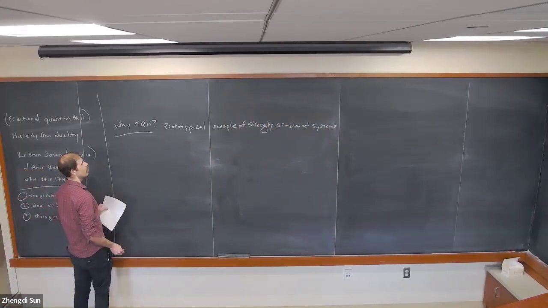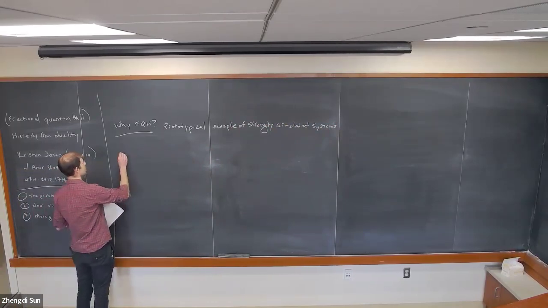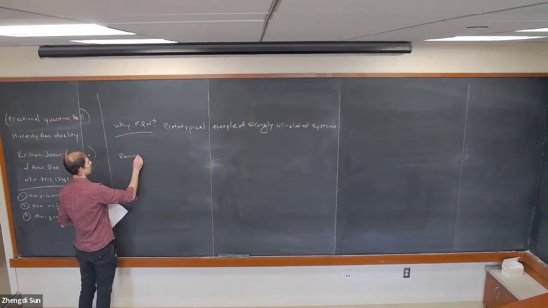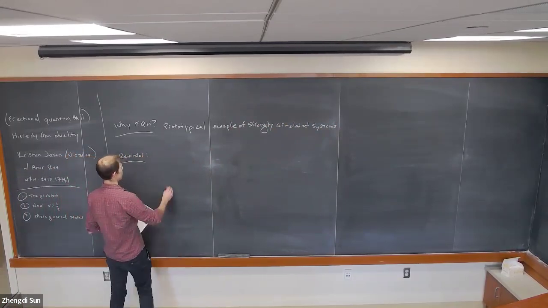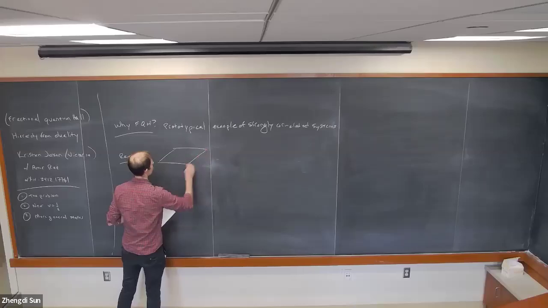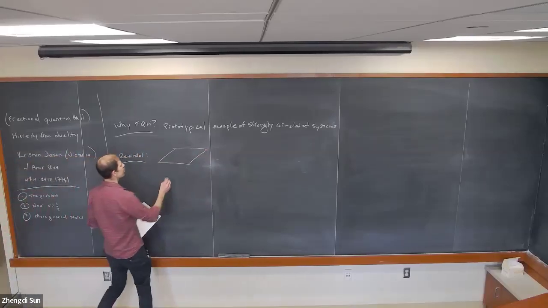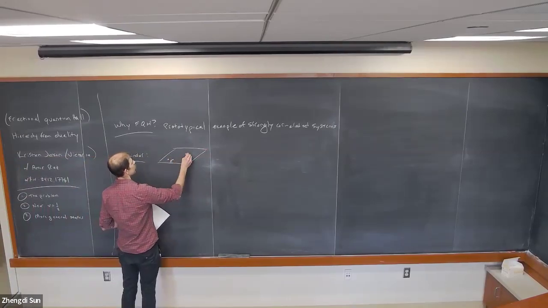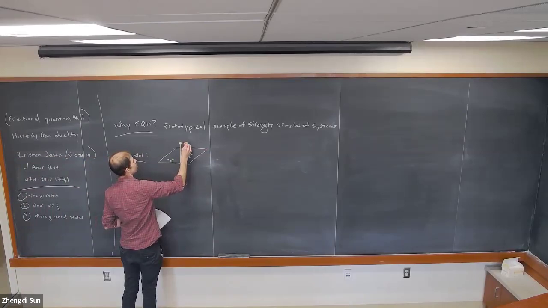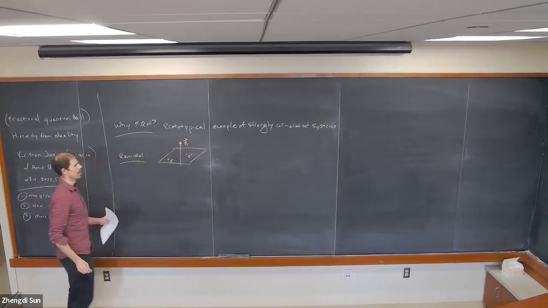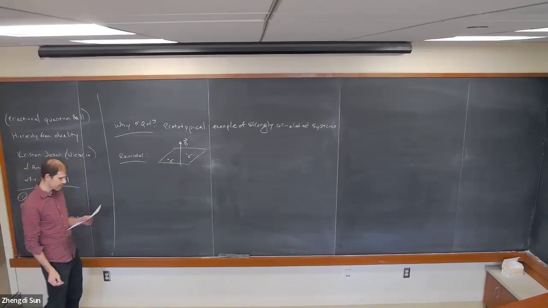Let me remind you what system we have in mind when we talk about fractional Hall physics. The thing that we have in mind is we take a plane, and there are some electrons confined to that plane. And we subject it to a very, very strong applied magnetic field perpendicular to the plane.